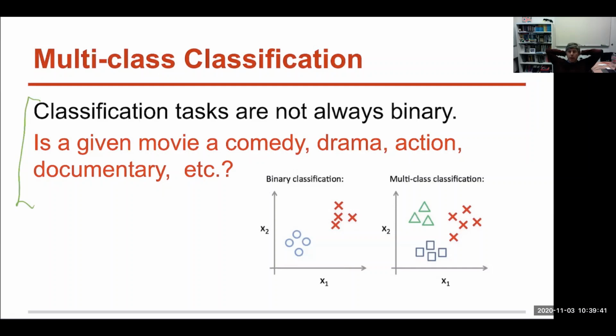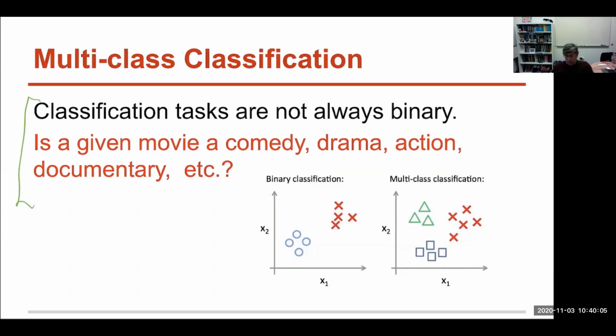You could imagine a typical classification problem where you would like to try to predict what the genre of something is. Those things are multi-class classification problems. Any questions?